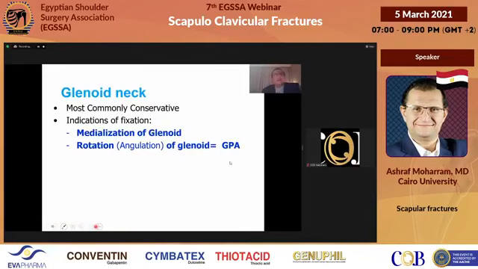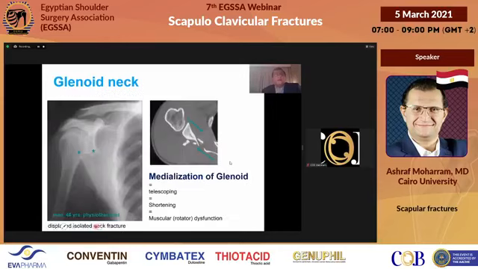While glenoid neck fractures are also most commonly managed conservatively, the indications for fixation include medialization of the glenoid or rotational angulation of the glenoid. How do you measure medialization? Through measuring the displacement of the lateral border.